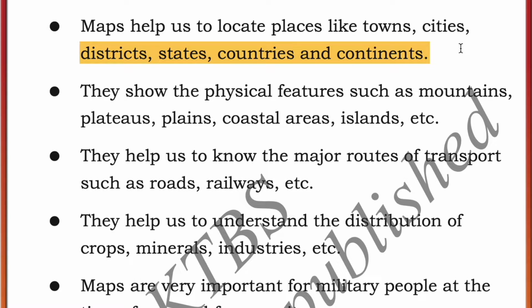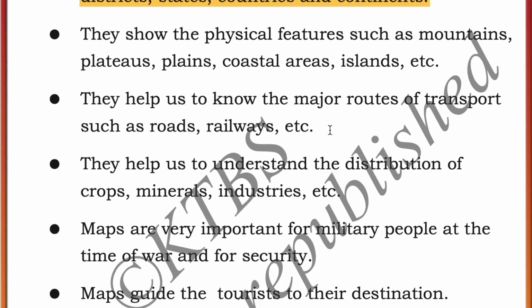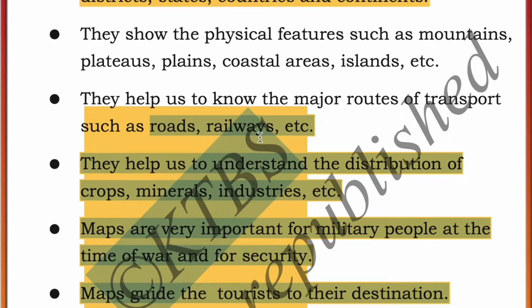This is the reason why we started using maps, because it helps us find directions to any place of our interest. The other uses include, they show us the physical features such as mountains, plateaus, plains, coastal areas, etc. They also help us know the major routes of transport such as roads and railways.